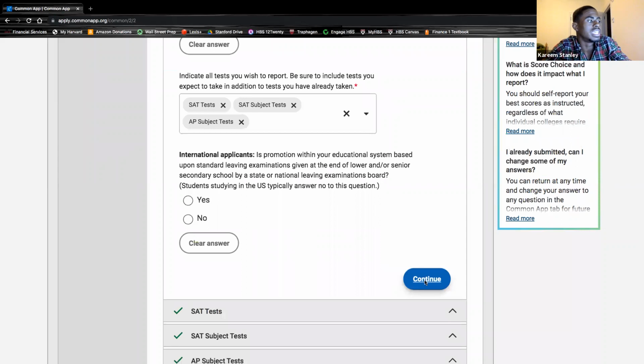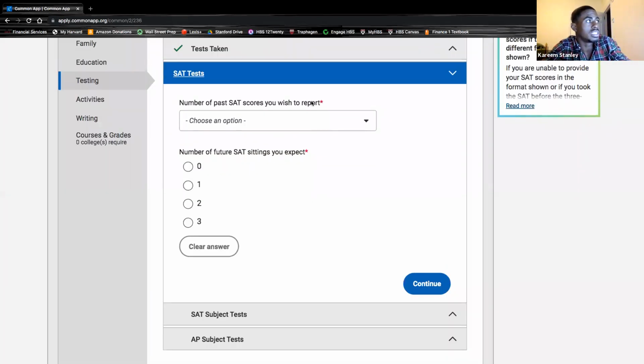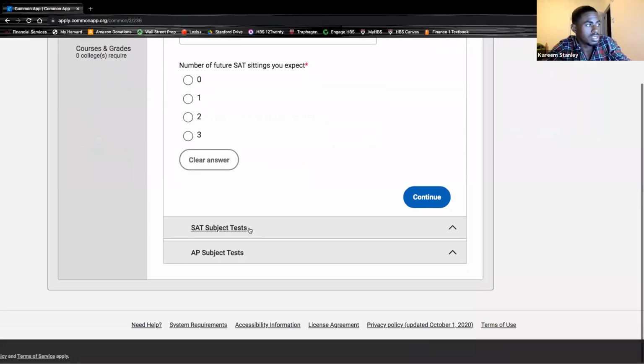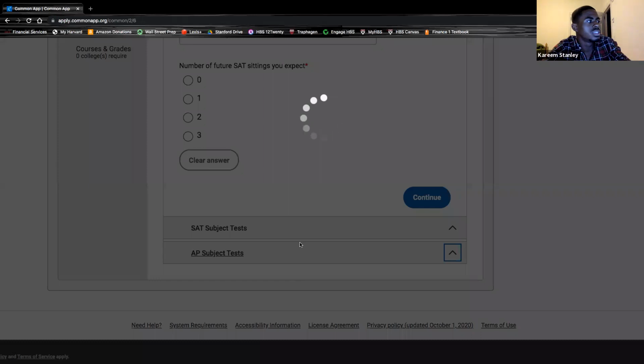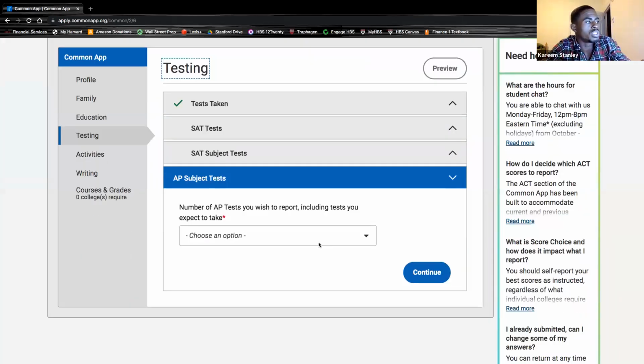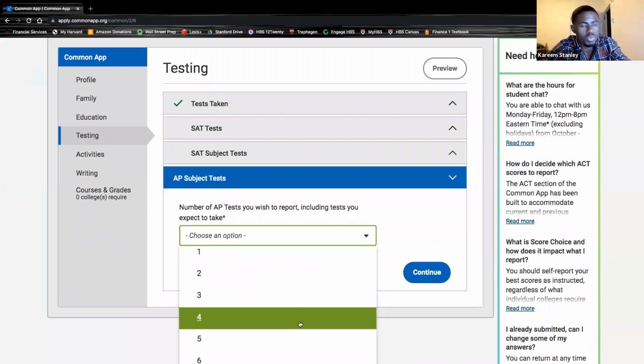And then you continue and notice how now it's populated and shows your SAT, your SAT subject test, and your AP subject test. So you'd go into each one of these and fill out the information for which ones you took. So number of AP tests that you wish to report. Notice that you have the optionality of not reporting ones if you feel like, hey, maybe my score wasn't as good on those. You don't have to include that type of information.